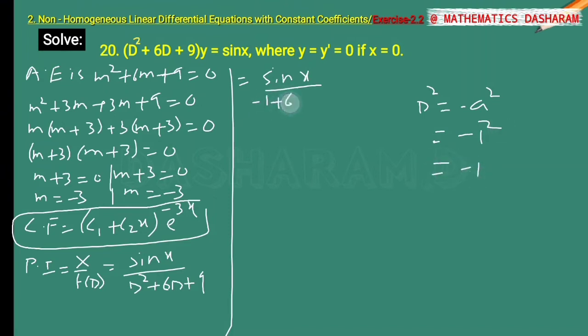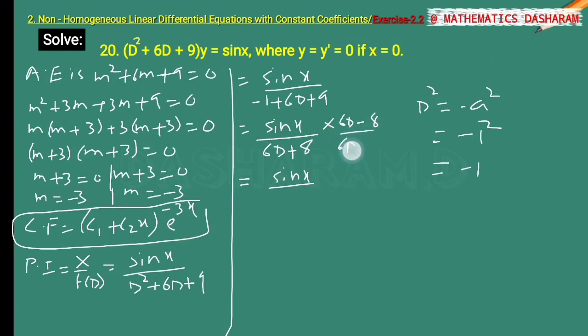So minus 1 plus 6d plus 9, so sin x divided by 6d minus 1 plus 9, which is plus 8. Now multiply with 6d minus 8: sin x by 6d plus 8 into 6d minus 8. So then 6d minus 8 into sin x by 6d whole square minus 8 square.